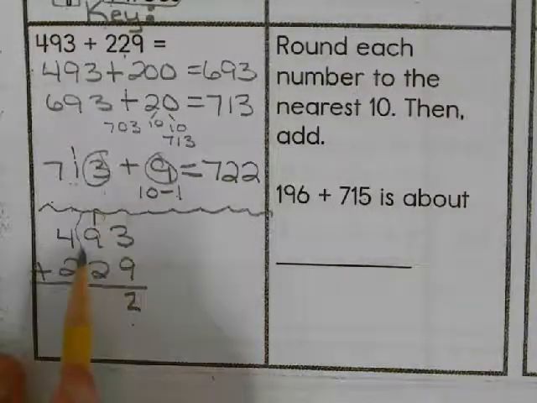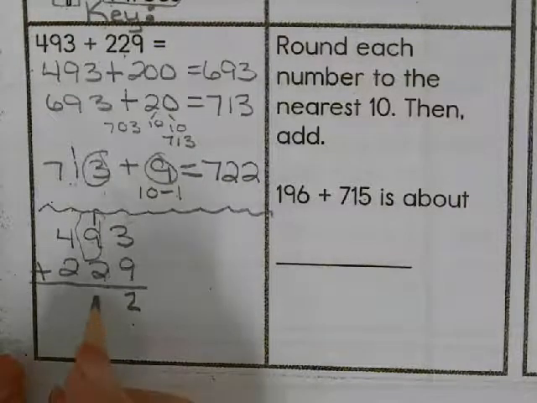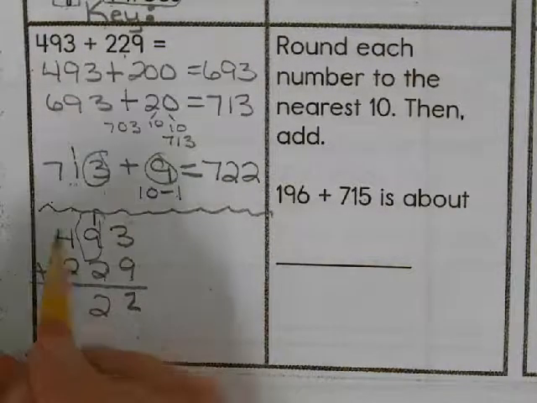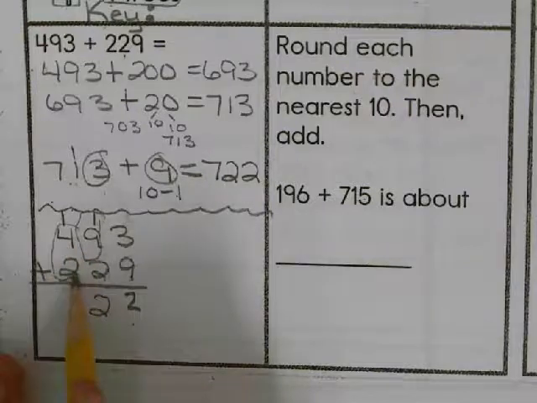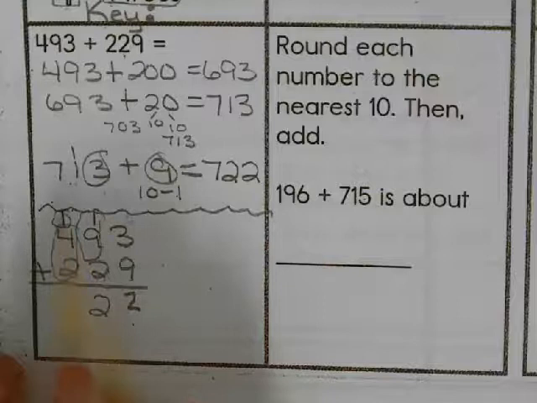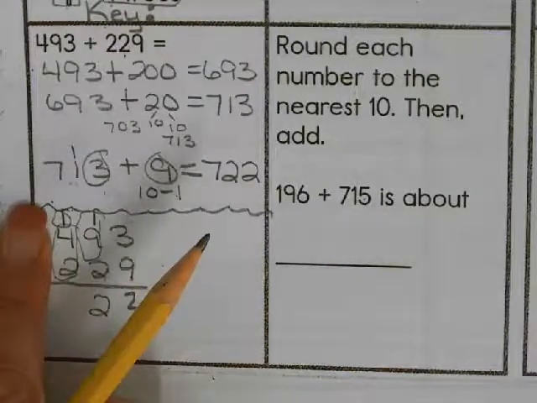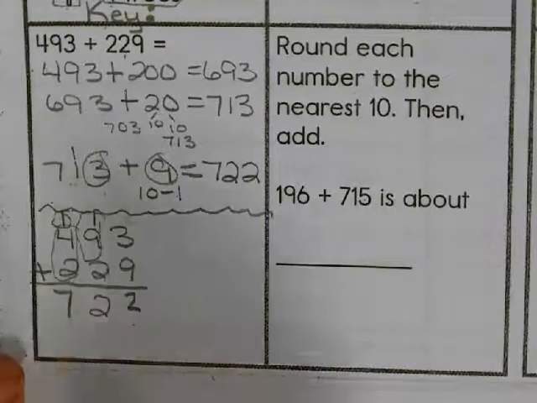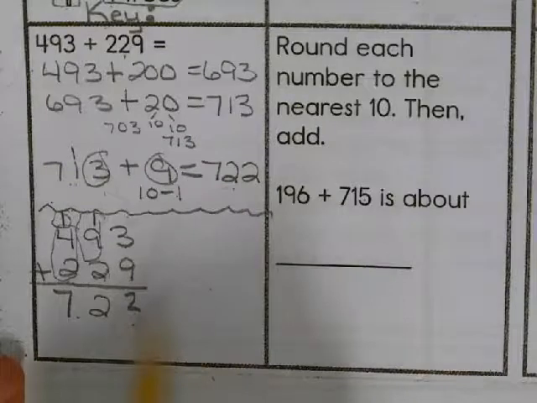So 90 and 1 more 10 makes 100, and 2 more 10s makes 120, which tells me I can regroup that 100 in the hundreds place. And when I regroup these hundreds, 400 plus 200 is 600, and the 100 that I ended up with from the 10 tens makes 700. So 722, these should both match.